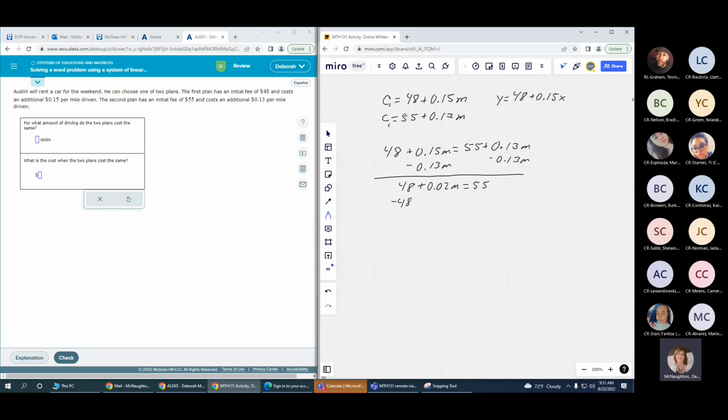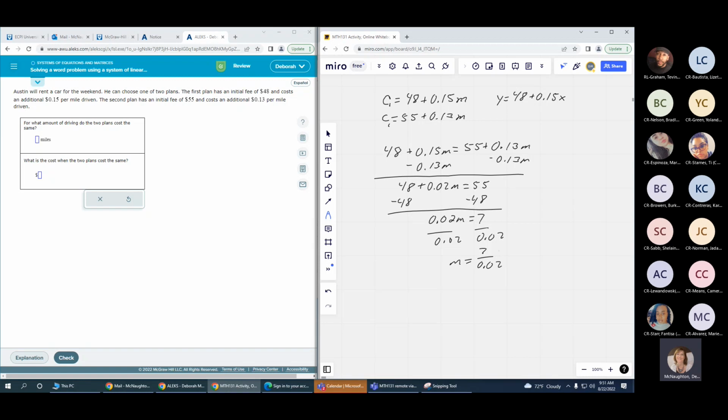And then I'm going to subtract 48 from both sides. 0.02 m equals 55 minus 48, which is 7. And then I'm going to divide both sides by 0.02. So m equals 7 divided by 0.02.